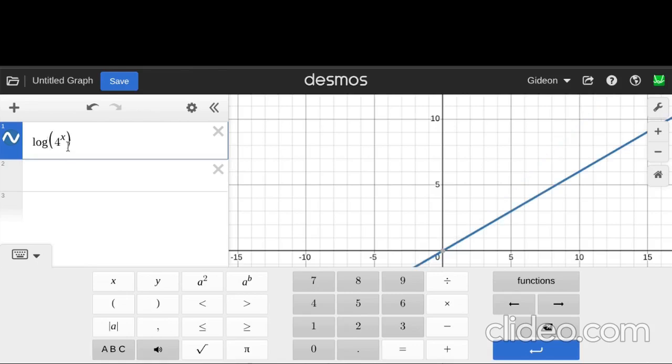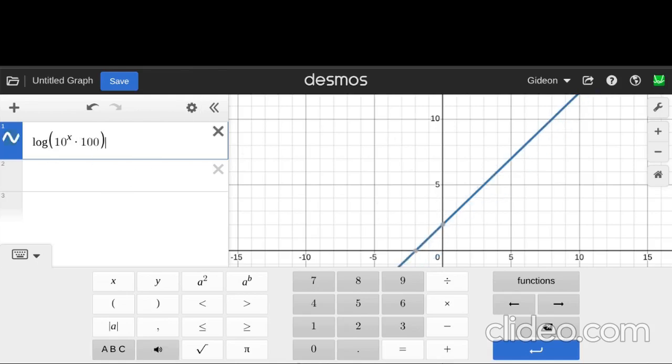But if you use the same base, that's just going to get rid of that. So this is very beneficial if you have just a 10 in there, or let's say it's like a 10 times something else on the outside. This is when it would be most beneficial to you.